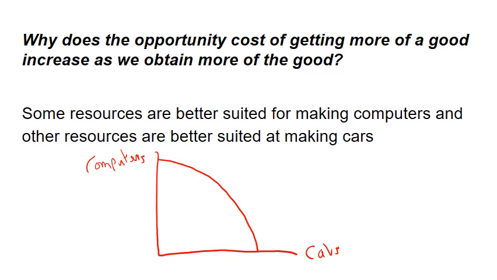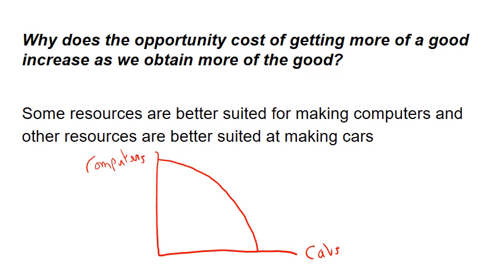So whenever the frontier is curved in that fashion, the opportunity cost of another car will increase as we make more cars, and the opportunity cost of another computer will increase as we make another computer. The question is, why does the opportunity cost rise? Which is the same as saying, why is the production possibility frontier bowed in that fashion?